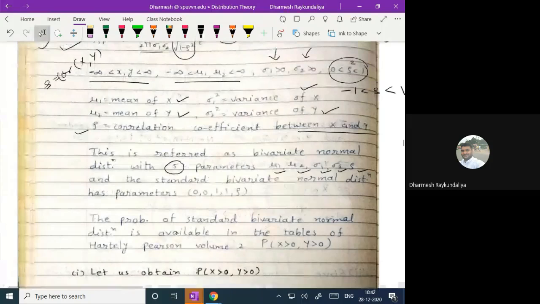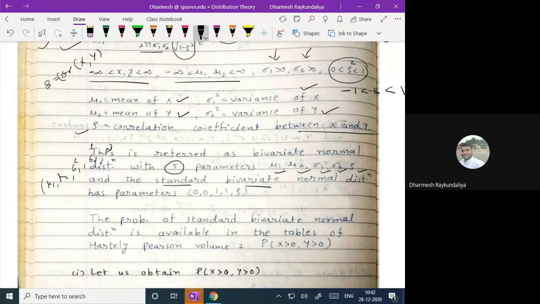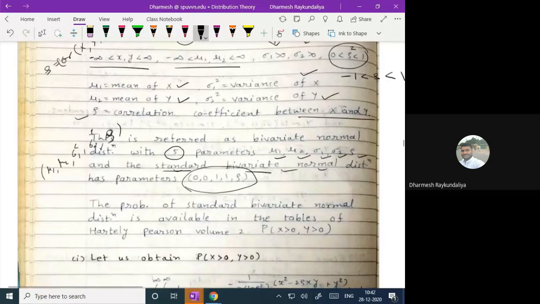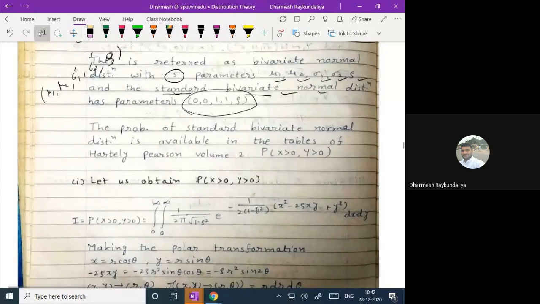The bivariate normal distribution has the parameters mu 1, mu 2, sigma 1 square, sigma 2 square, and rho. And if mu 1 and mu 2 equal 0, and sigma 1 square and sigma 2 square equal 1, then these are the parameters of a standard bivariate normal distribution.